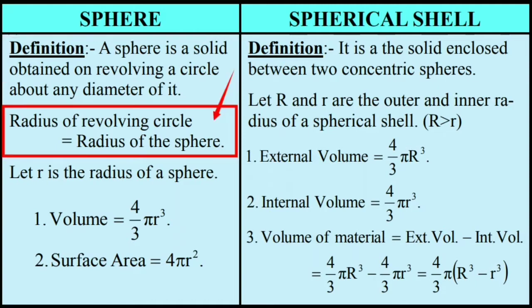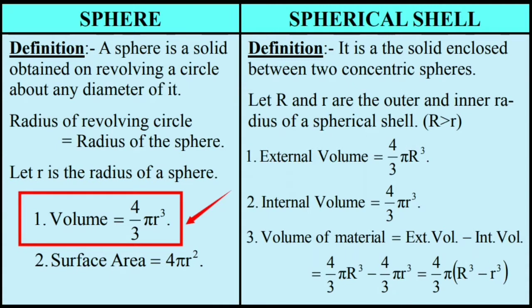sphere, and the radius of the solid sphere obtained by revolving a circle is the radius of the circle itself, and the radius of the revolving circular lamina is equal to the radius of the sphere formed by revolving the lamina.